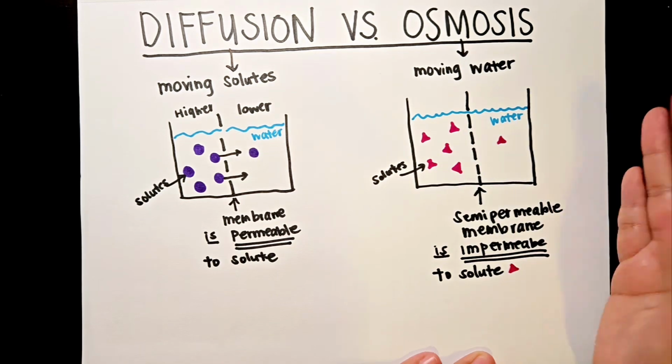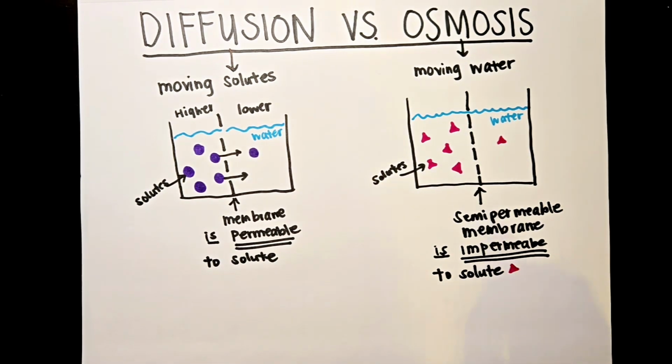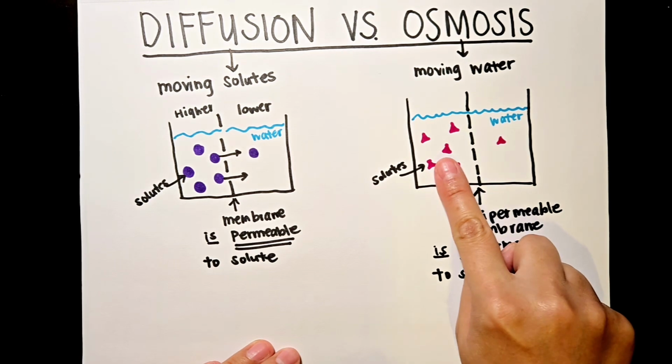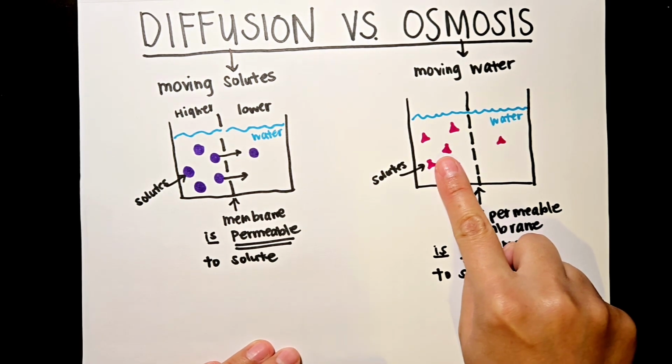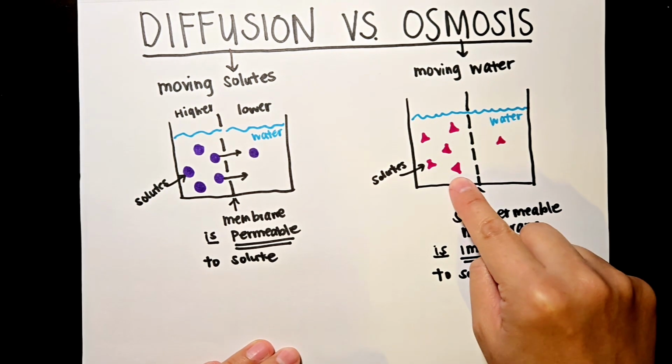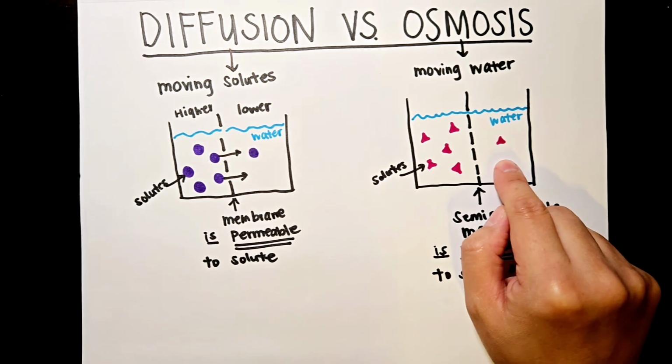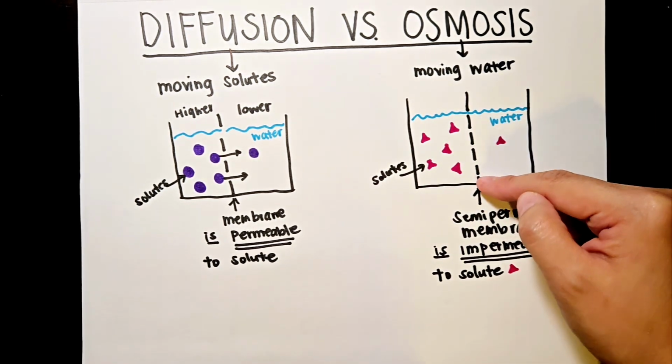Due to nature, it will still try to equalize both sides' concentration of the solute. Even though the solute can't move, remember, water can always move through these semi-permeable membranes.